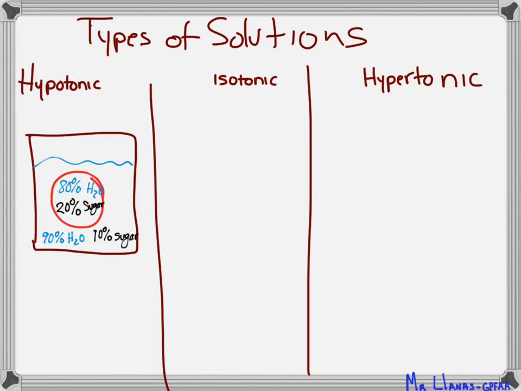Well, hypotonic solutions, okay, are solutions where there's more water outside the cell, right, and less solute. So as you can see, there's less sugar outside, so that means there's got to be more water than inside the cell. 20% sugar inside the cell, 80% water, 10% sugar outside, 90% water, right?